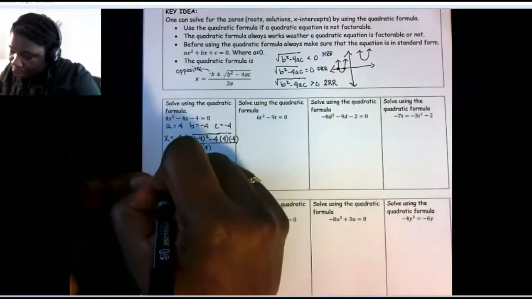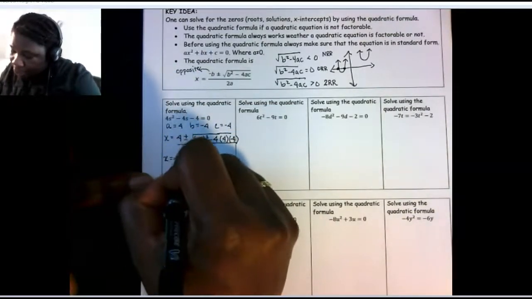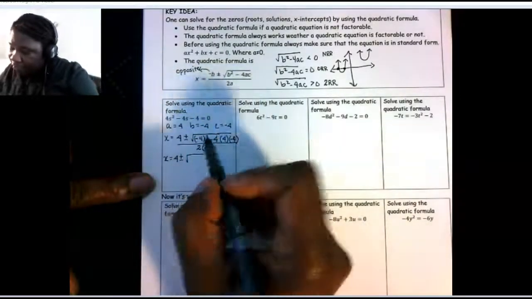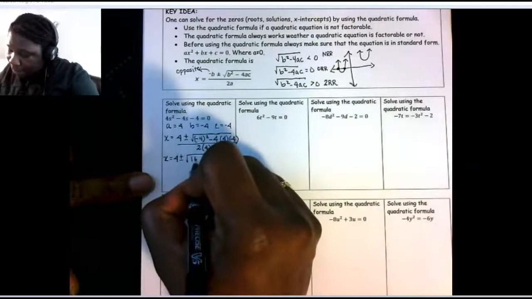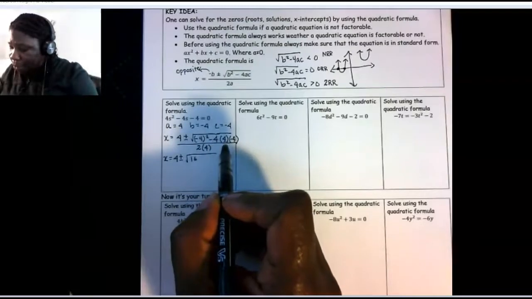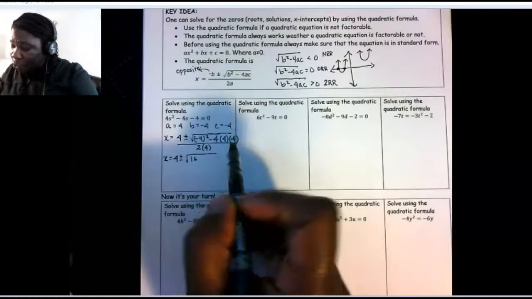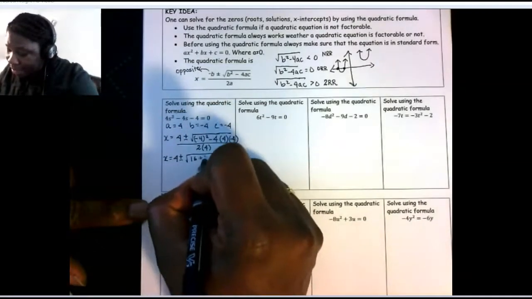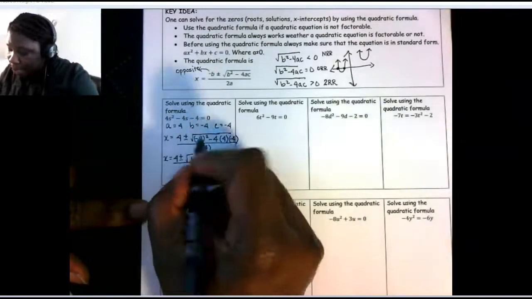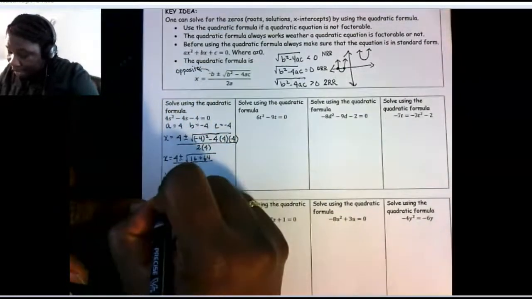So now we're going to do all of the math under the radical. So negative 4 squared is 16. Now notice this, I have negative 4 times positive 4, which is negative 16. Negative 16 times negative 4 is positive 64. All of this over 2 times 4, which is 8. We got to keep going.